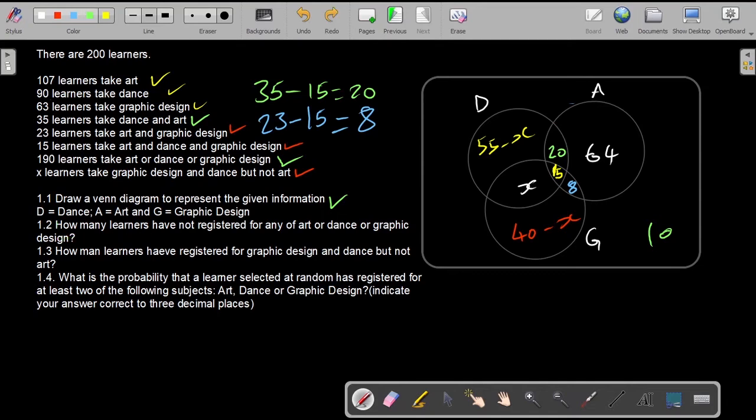So all that we've been putting into our Venn diagrams are actual numbers. So that would be your answer. Any number that you extract from here, or any sum that you add up, should be your answer without dividing by anything. So it says how many learners have not registered for any of art or dance or graphic design.